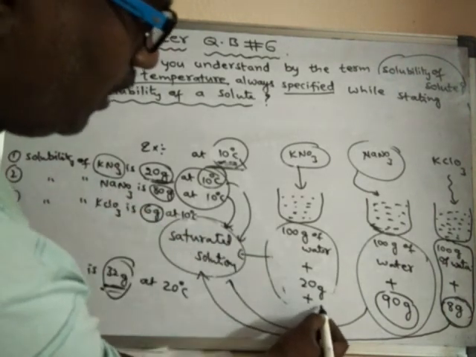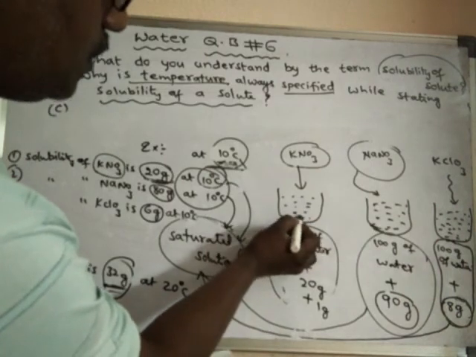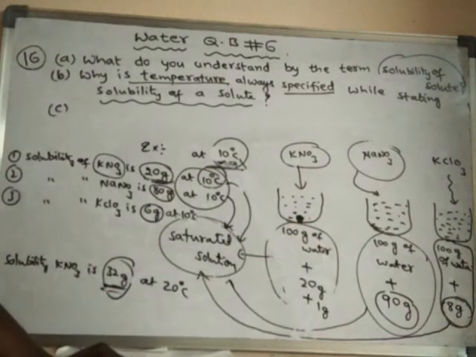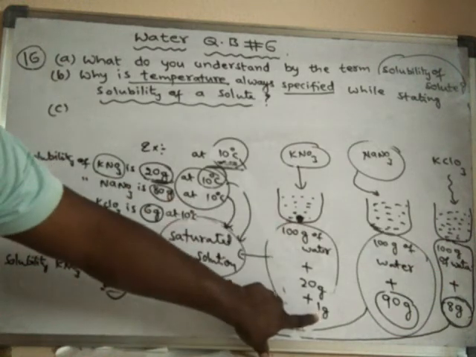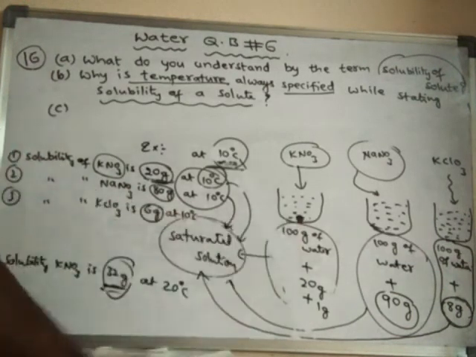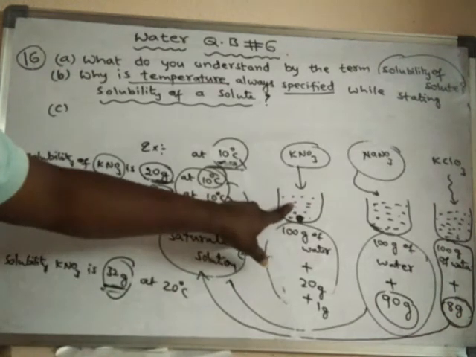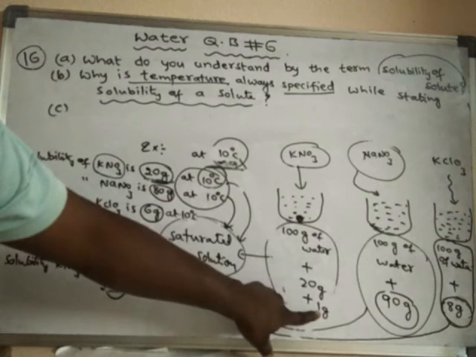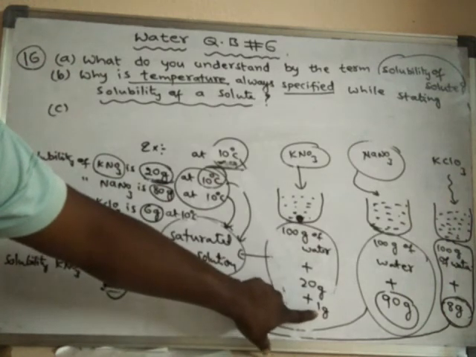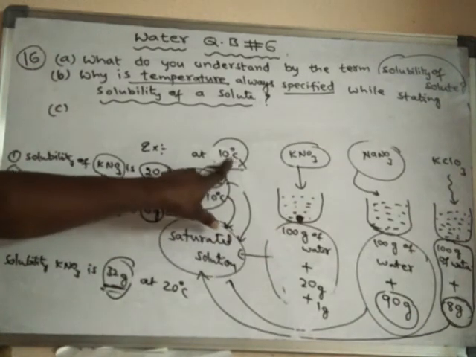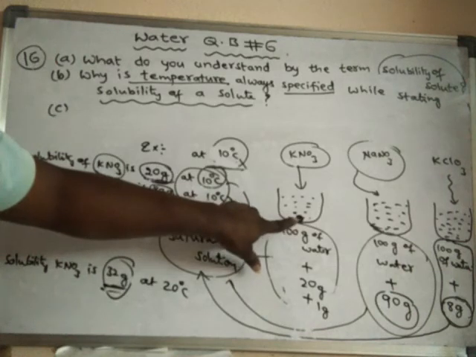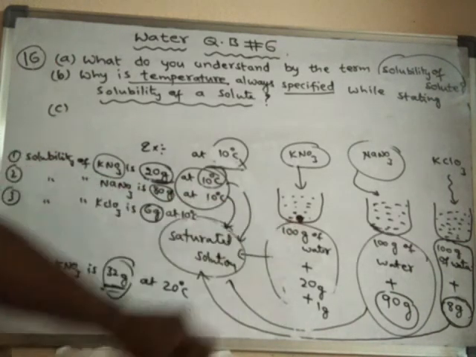So additionally, if I add one more gram, what happened? Will it dissolve? The additional amount, one more gram, it won't dissolve because already saturated solution is formed. After formation of saturated solution, if you try to dissolve an extra amount of solute into that saturated solution at the same temperature, the extra amount of solute does not dissolve.